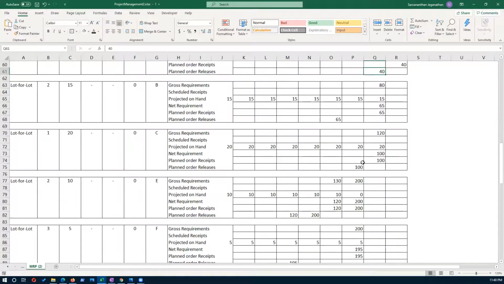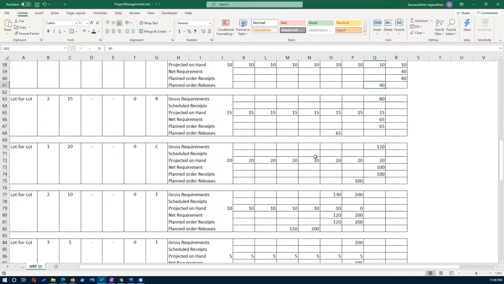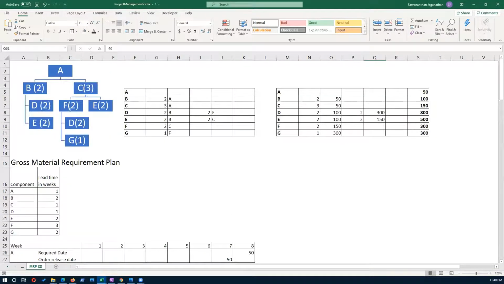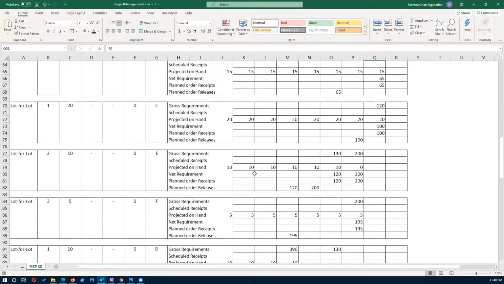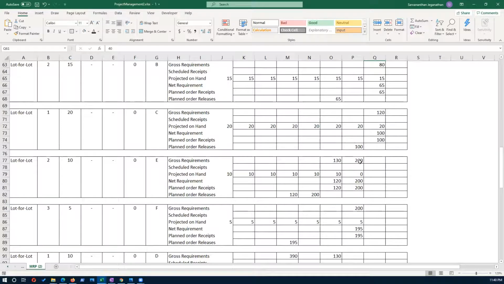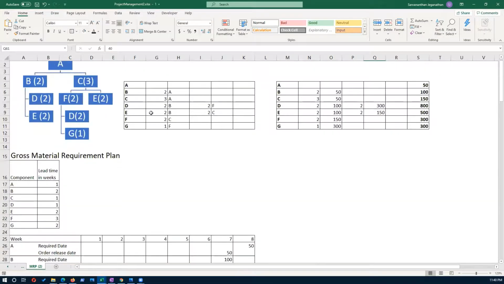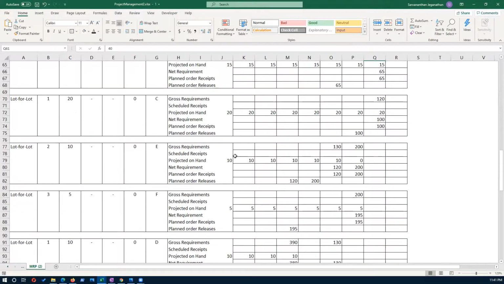Based on this diagram here, for each unit of C we need 2 units of F and 2 units of E. So we need 2 units of E and then 2 units of F. That's how this 200 comes here. And then for B, for each unit of B, we have 2 units of D and 2 units of E.